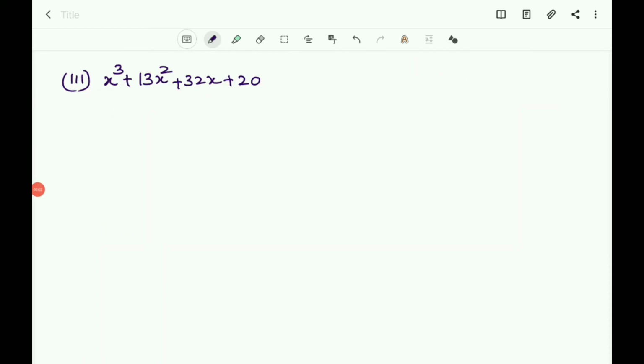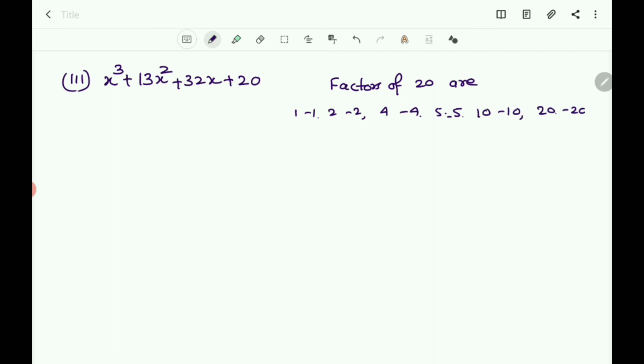Now the third one is x cube plus 13x square plus 32x plus 20. Now here find the factors of 20. Factors of 20 are, we know, 1, minus 1, 2, minus 2, 4, minus 4, 5, minus 5, and next 10, minus 10, 20, minus 20.